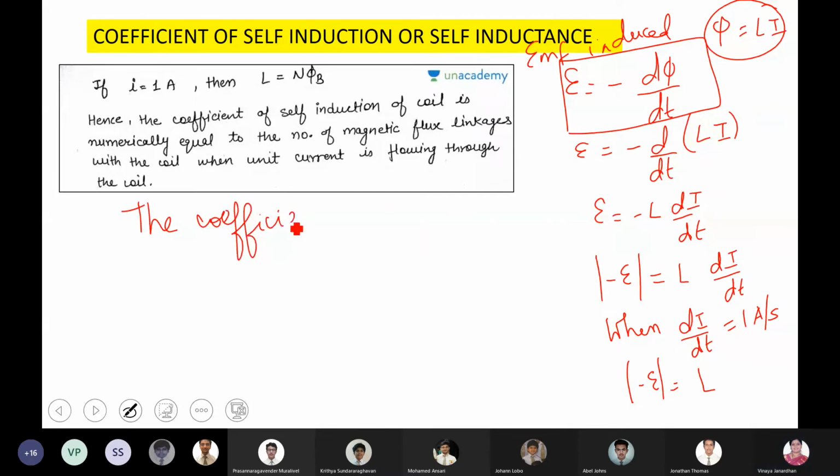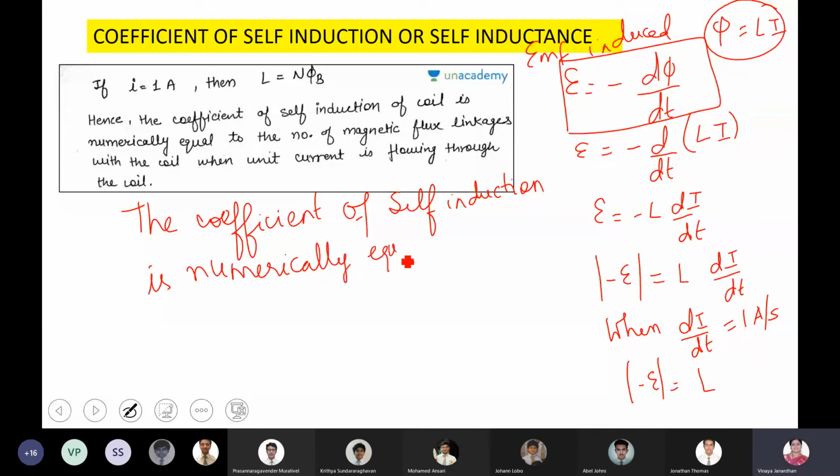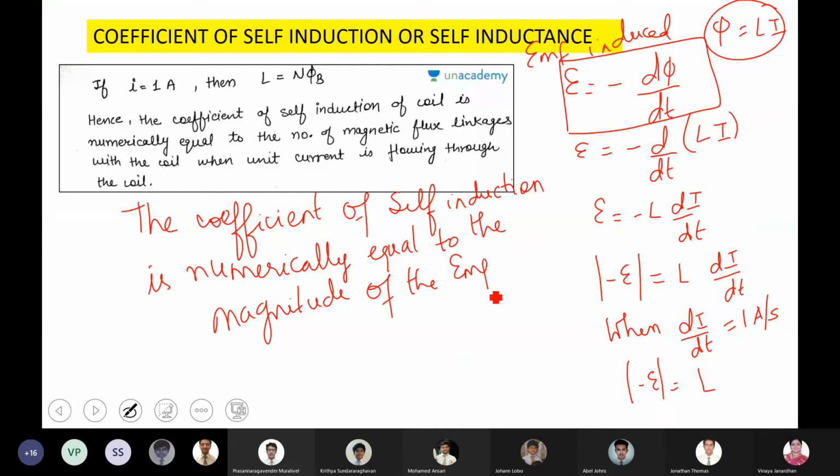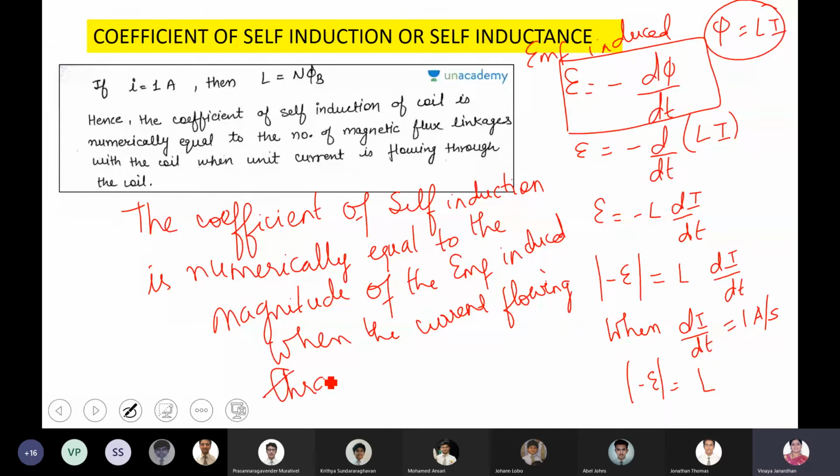The coefficient of self-induction is numerically equal to the magnitude of the EMF induced when the current flowing through it changes at the rate of 1 ampere per second. Complete this.